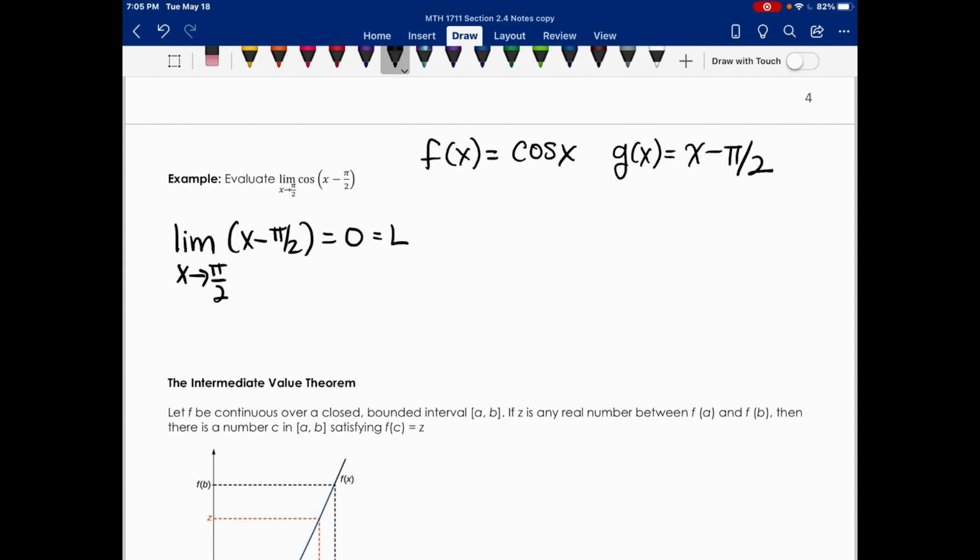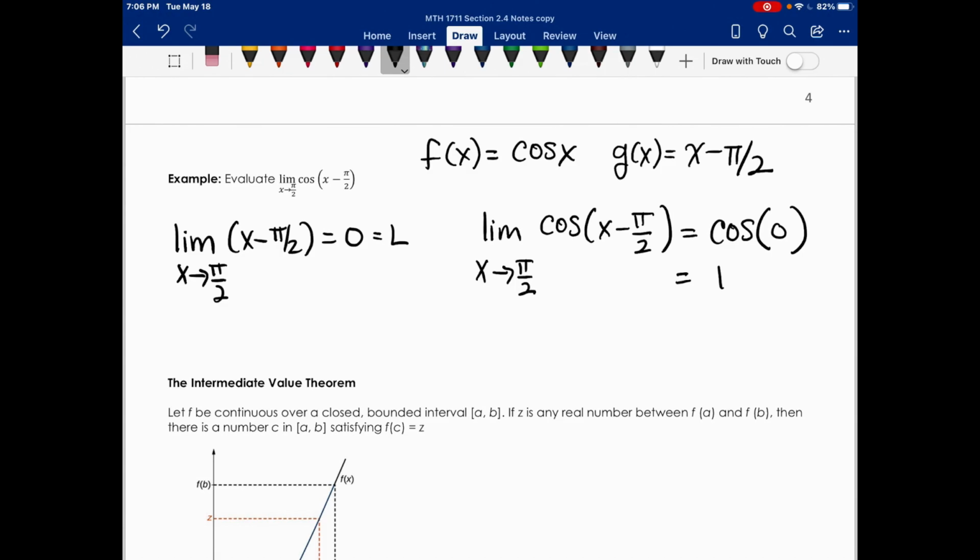So we know that cosine is continuous at that limit, which is 0. Because it's continuous at that limit for the inner function, I can say that the limit as x approaches pi over 2 of cosine of the composition function is equivalent to just plugging that limit into the outer function, which is equal to 1.